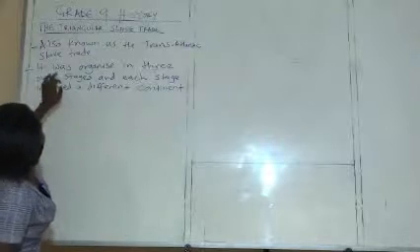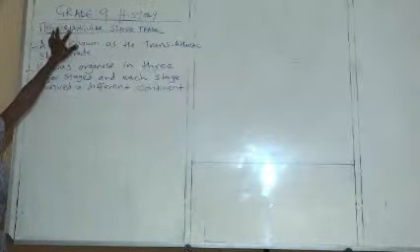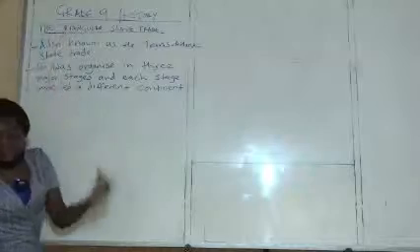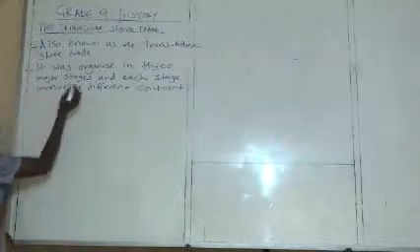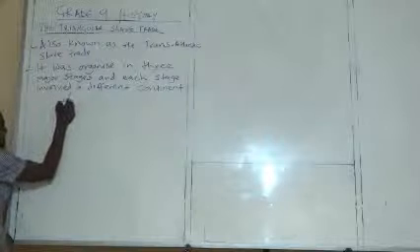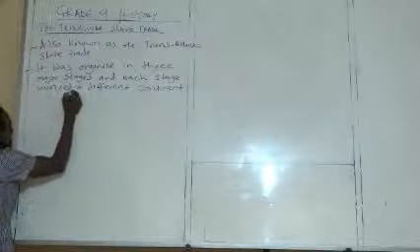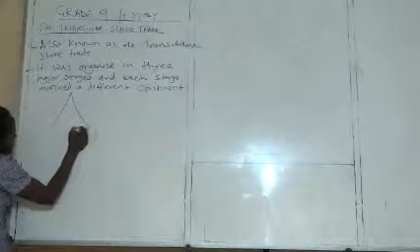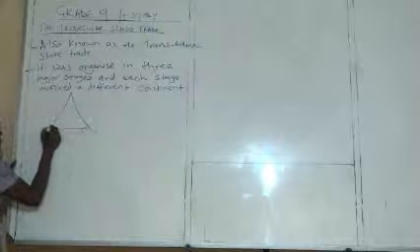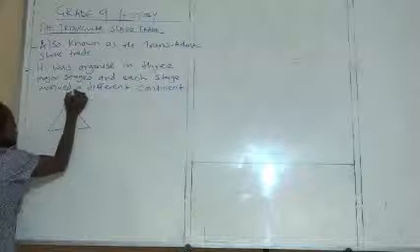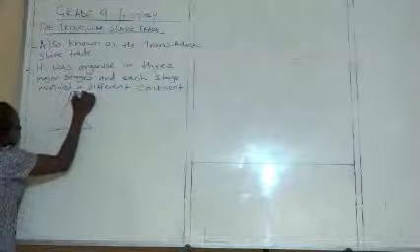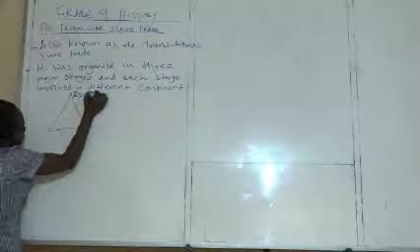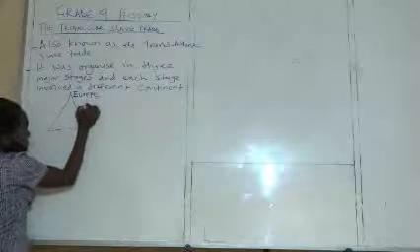Okay, so tri means three, so it involved 3 continents. So let me draw something here. So here we have Europe, phase 1.